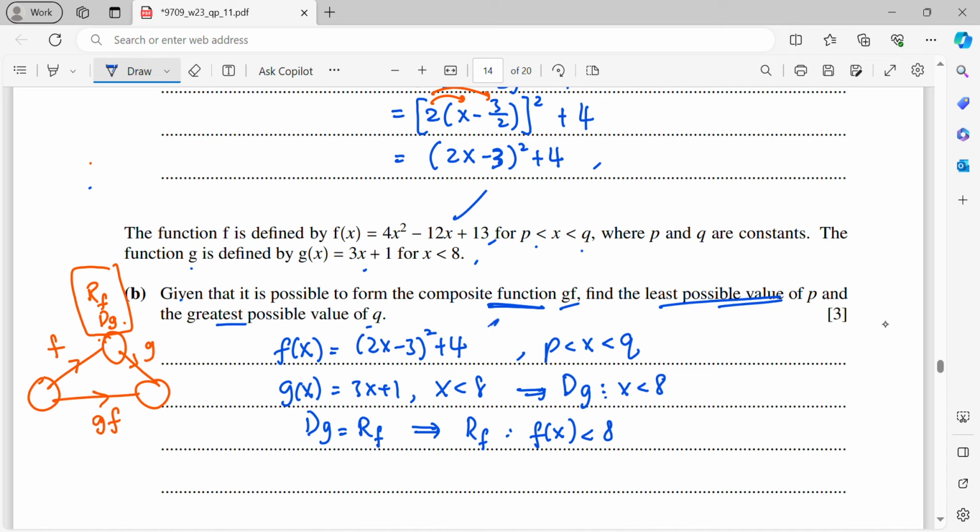You can either use this form or that form, up to you. I will use this form, it's easier, because this is already a quadratic. So I will just write 4x squared minus 12x plus 13 is less than 8, because fx is less than 8.